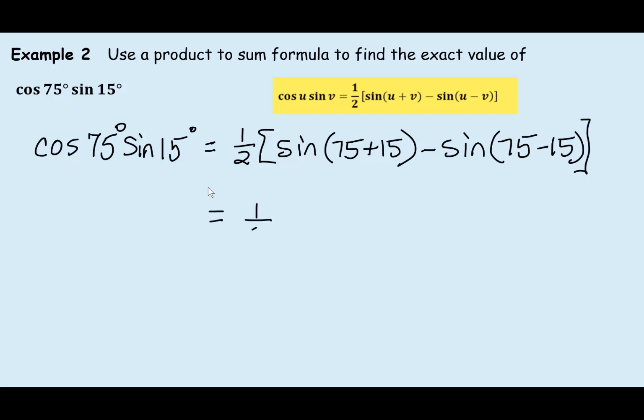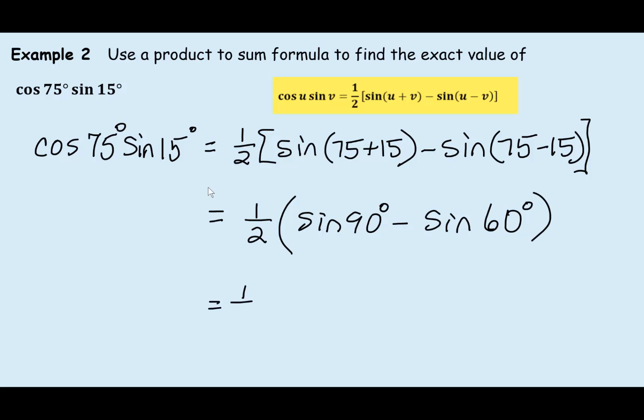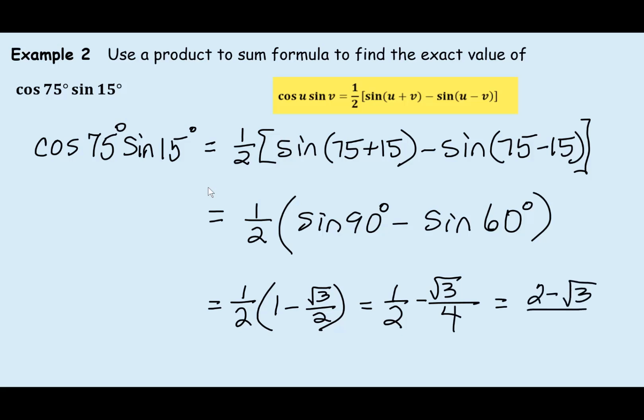And so that's 1/2 sine 90 minus sine 60. And since we know that sine 90 is 1 and sine 60 is square root of 3 over 2, we're just going to have 1/2 minus square root of 3 over 4. And if we get the common denominator, we're going to have 2 minus the square root of 3 over 4.